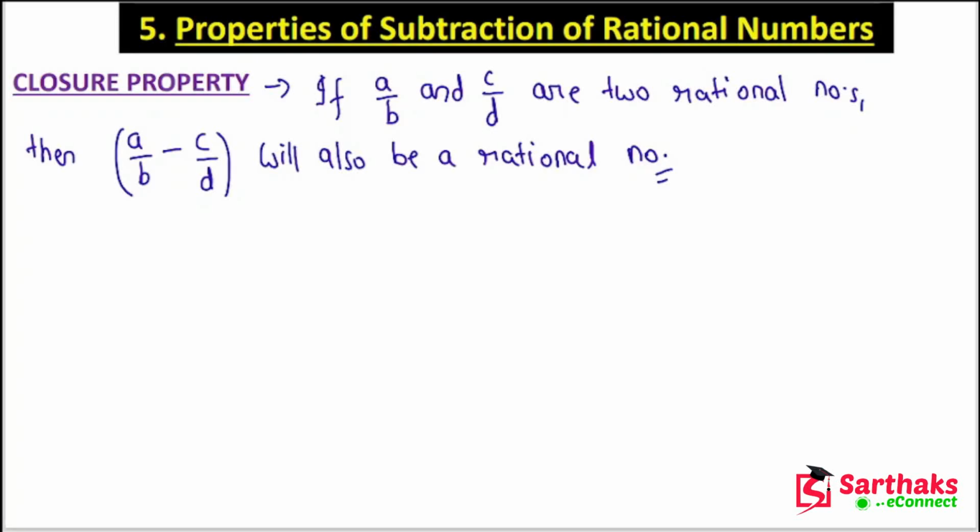So closure property simply states that if you subtract two rational numbers, you will always get a rational number, and it is evident also.